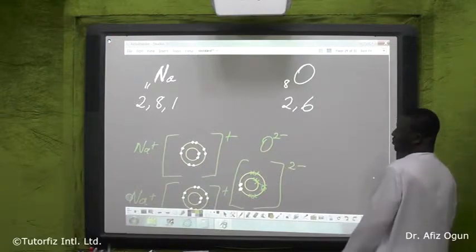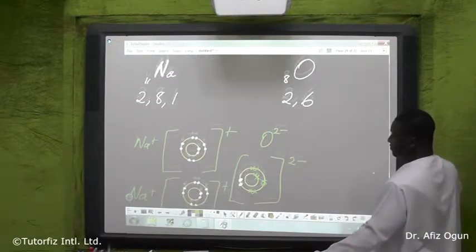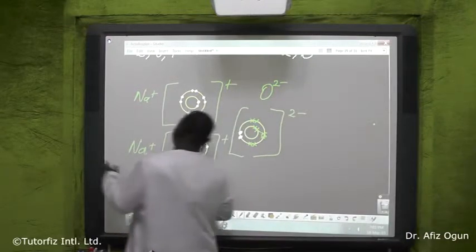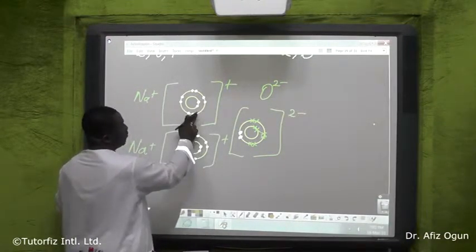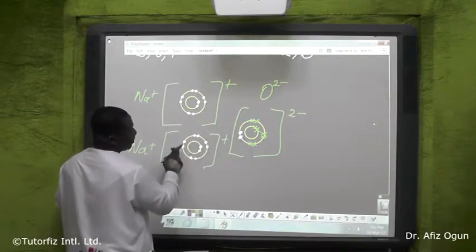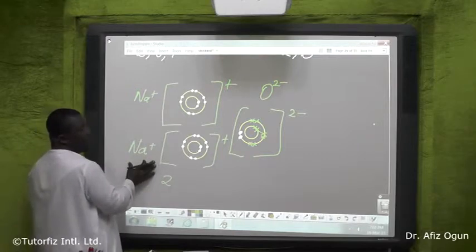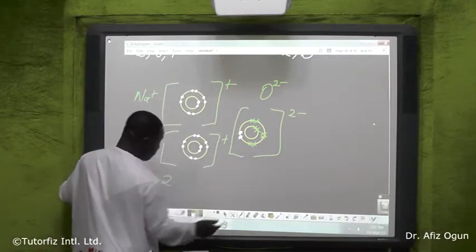I've been calling it chlorine, sorry, pardon me. So I have this now. Generally I have 1 sodium gave to oxygen, the other sodium gave to oxygen. The sodium that gave here became sodium ion. This is sodium ion, and this is oxide ion.